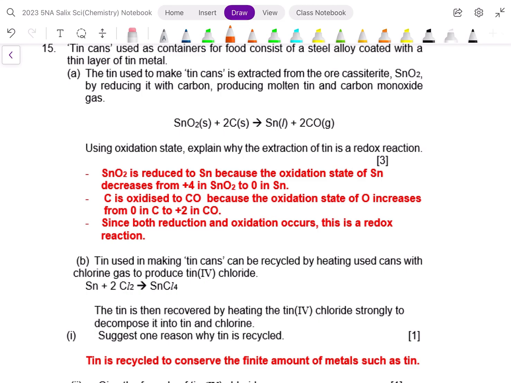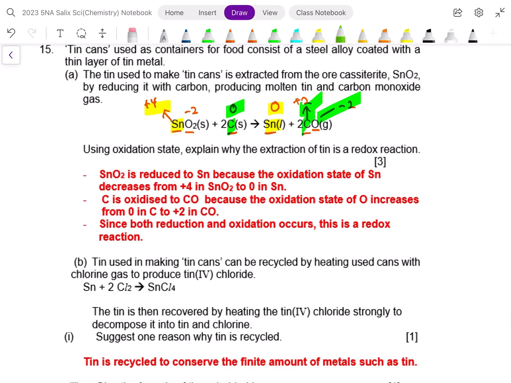Alright, so let's look at it. This one is minus 2 for oxygen, so the tin should be plus 4. This element is 0, the other element also 0, and oxygen is minus 2, so carbon is plus 2. So who gets reduced, and who gets oxidized instead?